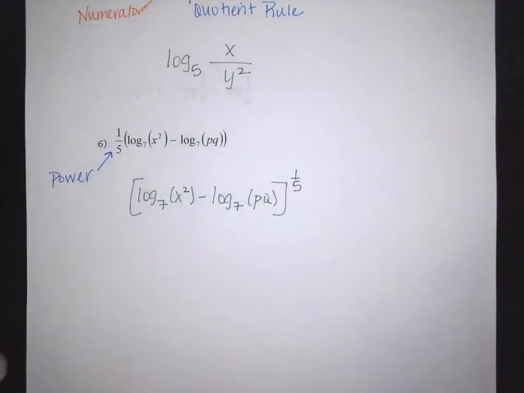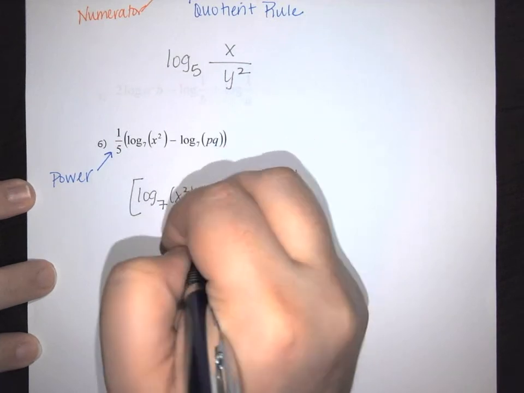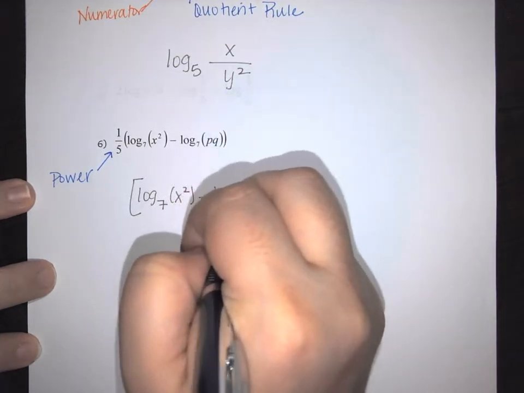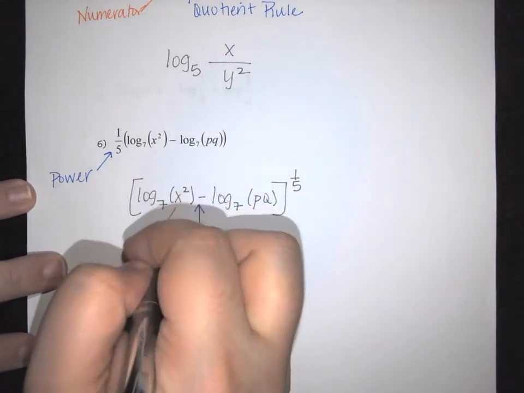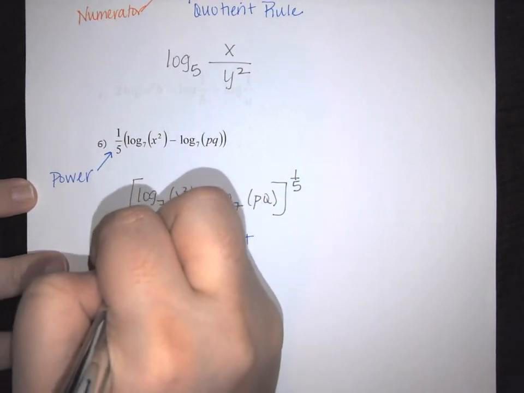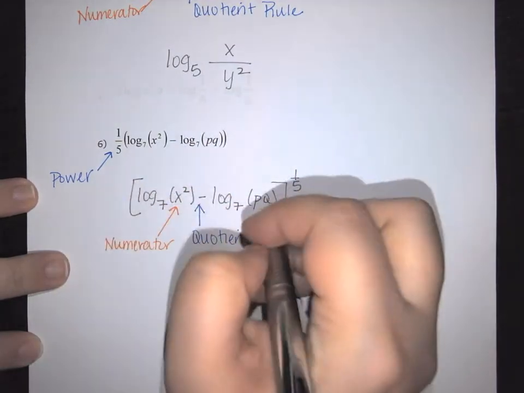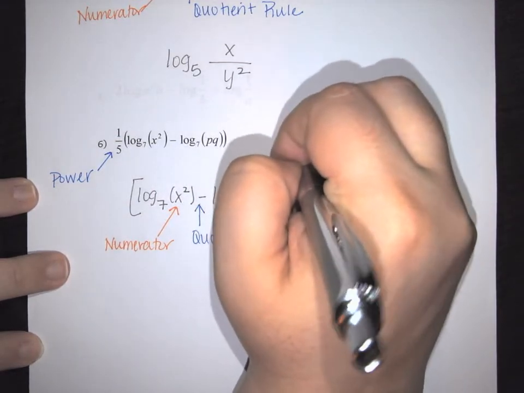Now the next thing that we're going to look at again is that I have my quotient rule. So my quotient rule, just like before, is going to say that my x squared here is going to go in the numerator, and my pq is going to go in the denominator.